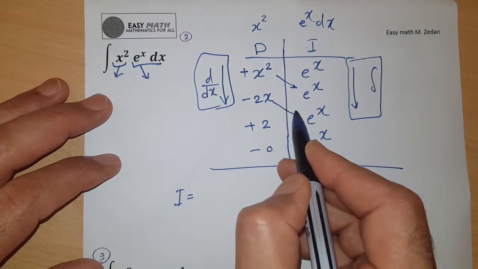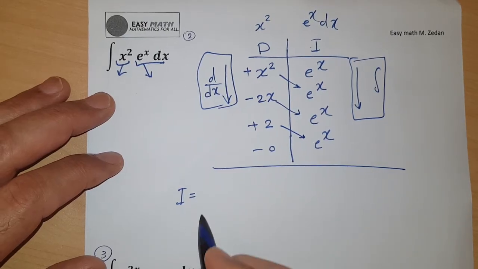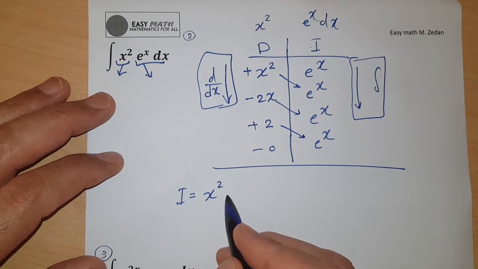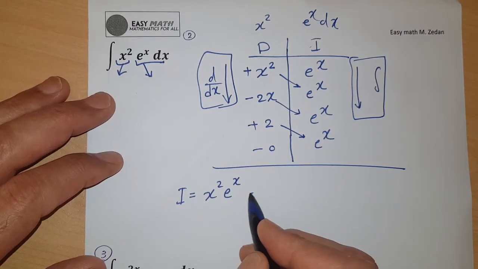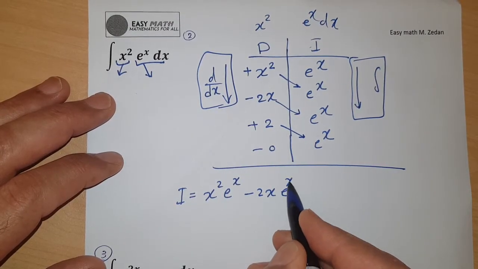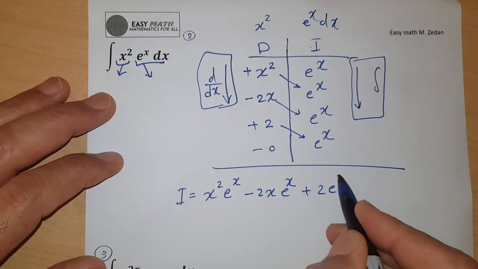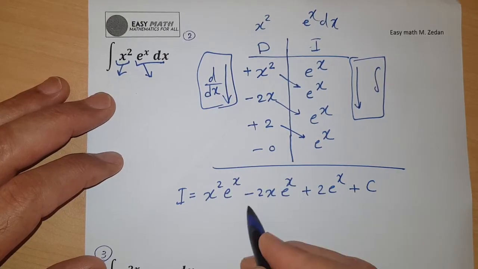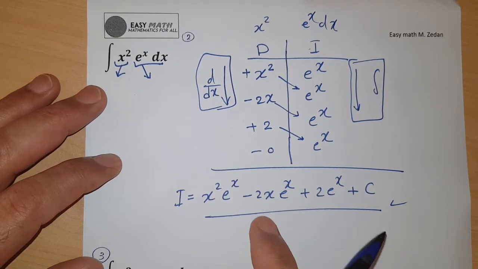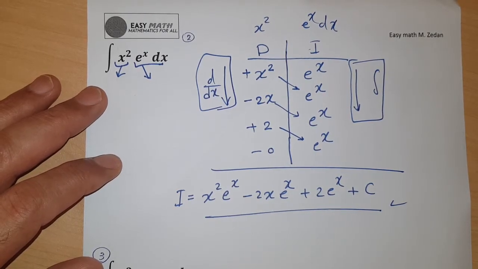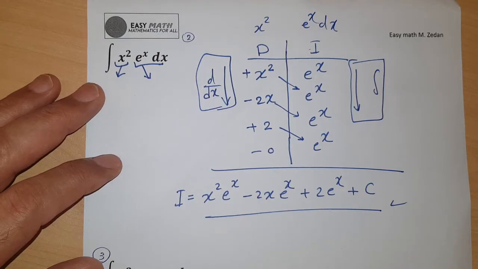Just multiply, very easy. The integral is x squared e to the x minus 2x e to the x plus 2 e to the x plus c, the constant of integration. Very easy. So this table really summarizes the method of integration by parts in a simple way.